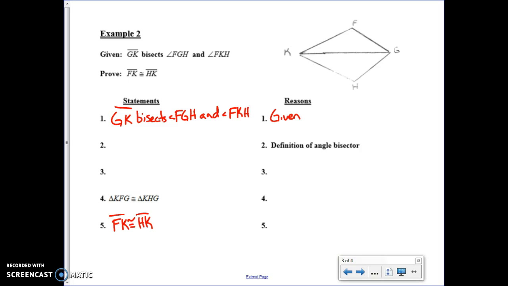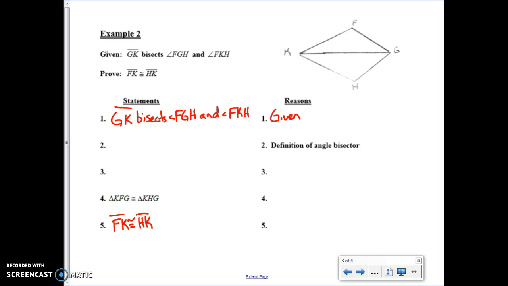Okay, so my reason for number 2 says definition of an angle bisector. Think back to what an angle bisector is. An angle bisector means that we're cutting the angle in half, and it means then that the two angles that result from cutting in half are the same. They're congruent to each other. So I noticed in my given statement it says GK bisects angle FGH. Trace FGH with your pencil.